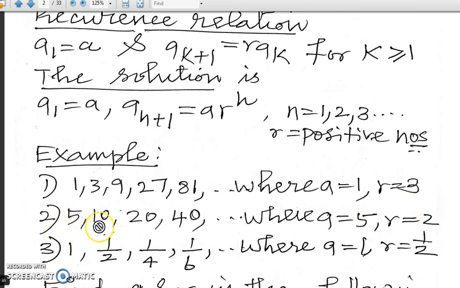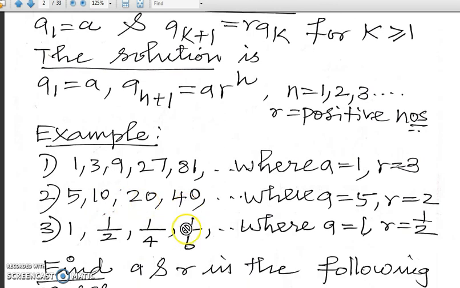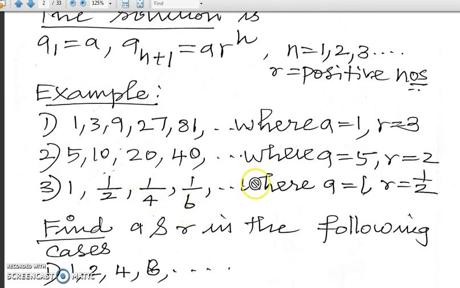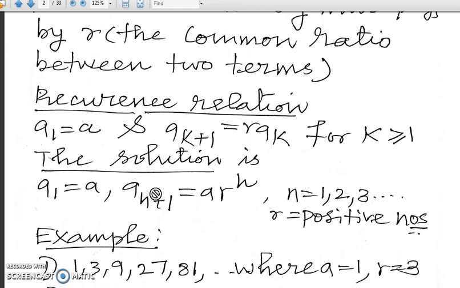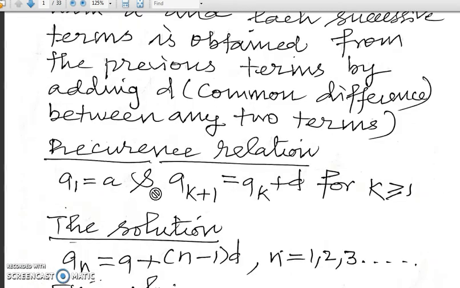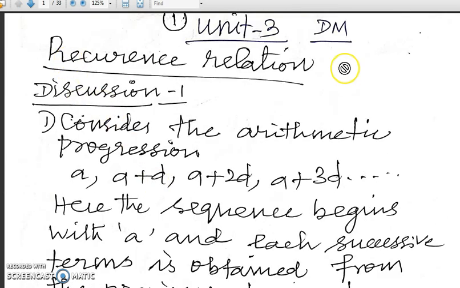So 5 times 2 is 10, 10 times 2 is 20, 20 times 2 is 40, like that. Similarly we can get other geometric series too. With that I am coming to the end of this small piece of work on recurrence relations. Thank you very much.